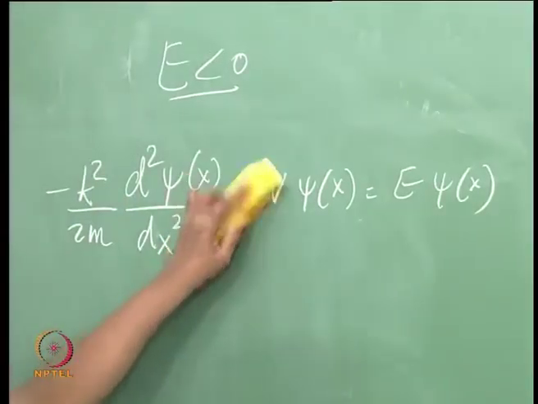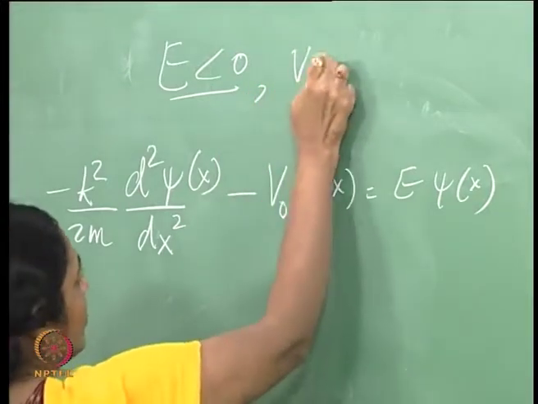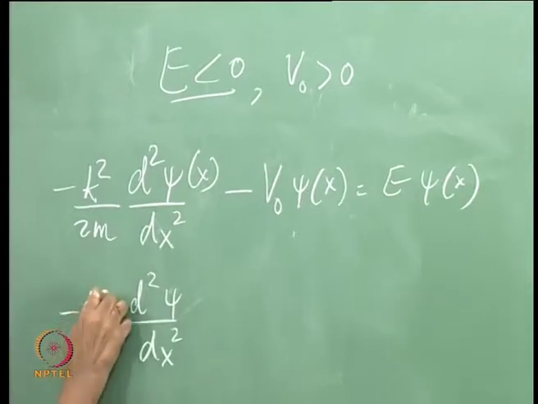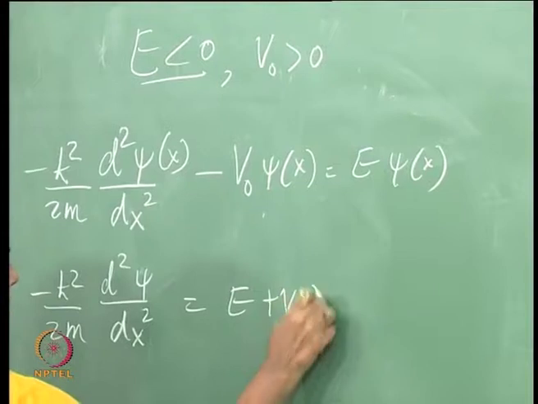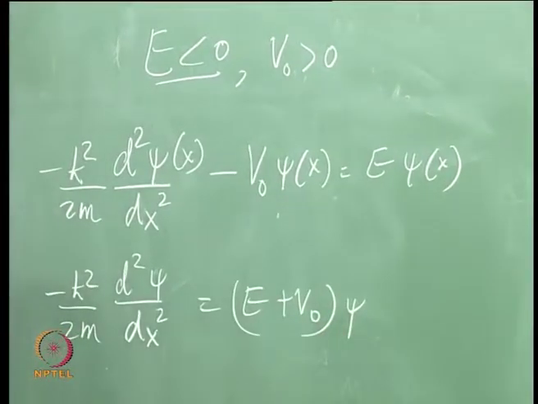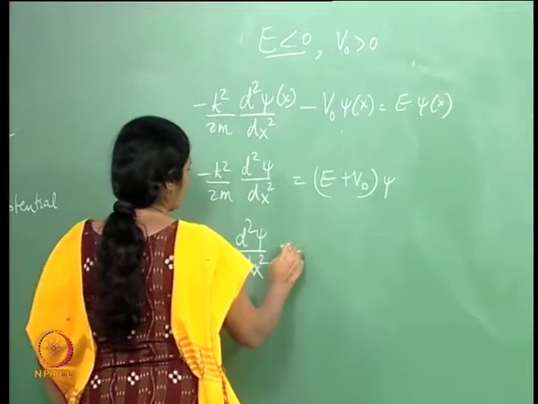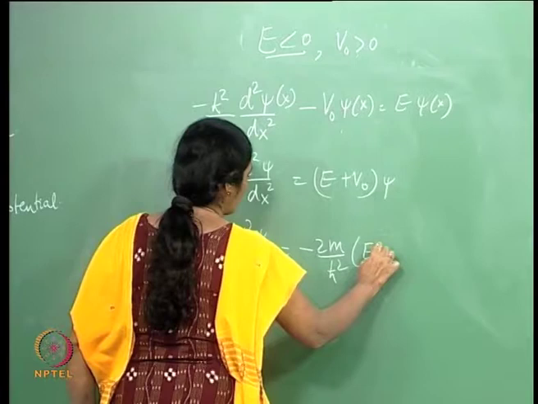But V is minus V naught, where V naught is greater than 0. And therefore, I have d2 psi by dx squared with a minus h cross squared by 2m outside is E plus V naught psi. So I write d2 psi by dx squared is minus 2m by h cross squared, E plus V naught, psi.